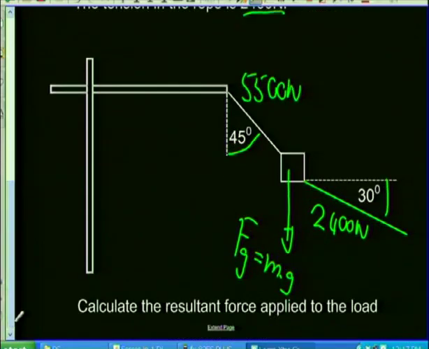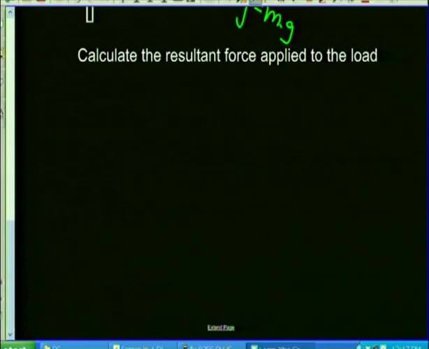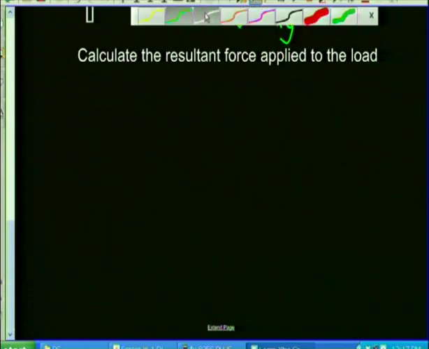So how do we go about solving this problem? They say to us that we have to calculate the resultant of these forces acting on the box, on the load. So the first thing that I like to do is draw a free body diagram. It's not required in this example, but it really is useful for us to do it so we can set everything up. So let's draw a dot to represent our load.